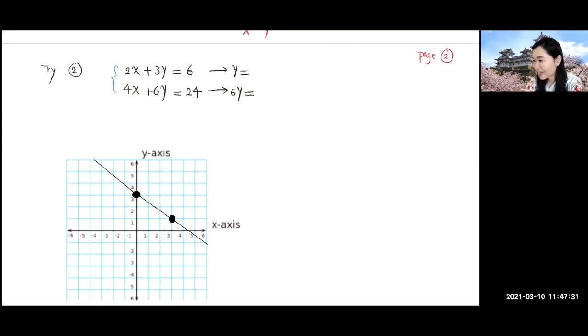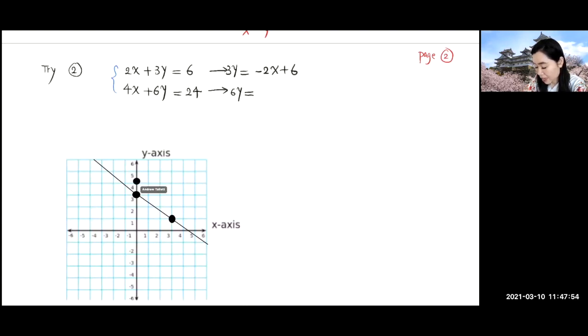So what happened here is, we first isolate this y here. So put it in slope-intercept form. So I can isolate this 3y. 3y here is equal to negative 2x plus 6.